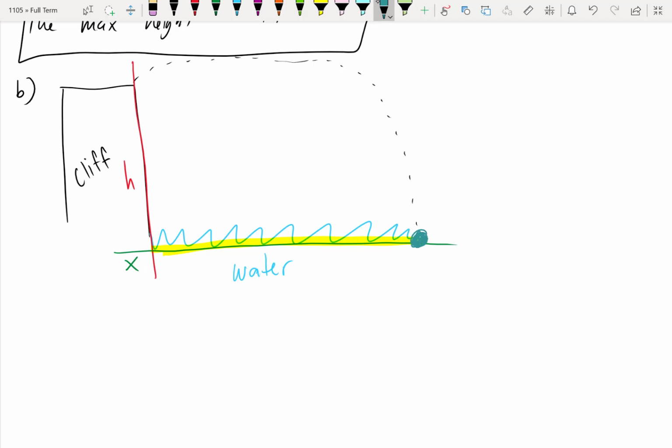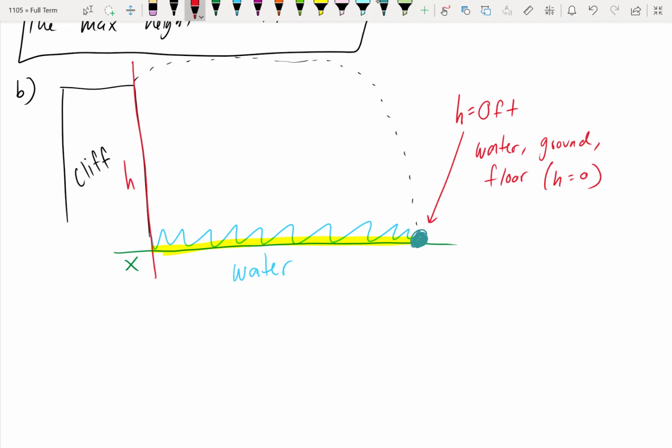So what height is it when you hit the water? Well, think of it. If you're at sea level, you're at 0 feet. Water, ground, floor, all of that means height at 0.